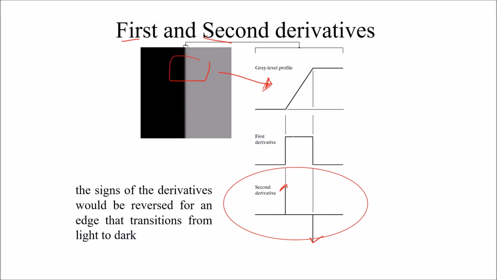Basically, for the first derivative, one of the bottlenecks is that the edge that will be generated will be very thick, which is directly proportional to the ramp profile of the image.